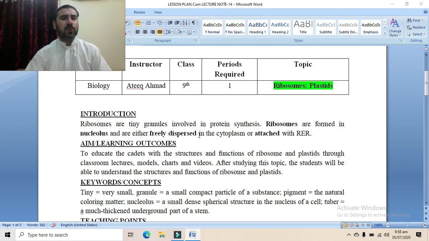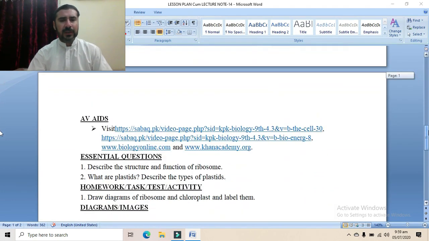Now ribosomes are found in two states, in two areas. Either they will be freely dispersed in the cytoplasm of the cell, or they will be attached with the RER, rough endoplasmic reticulum, which we have already studied. Diagrammatically it is shown here.